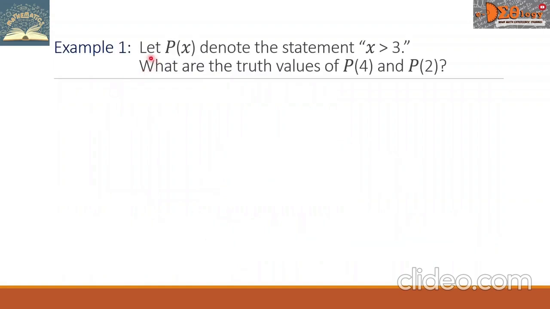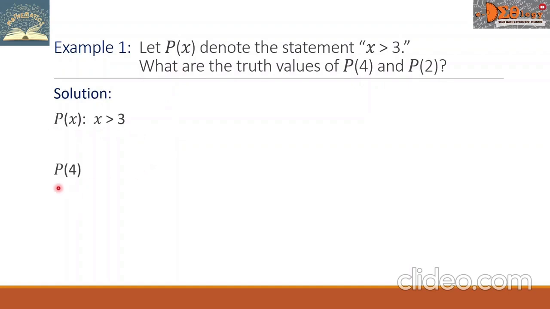Example 1. Let P of x denote the statement x is greater than 3. What are the truth values of P of 4 and P of 2? In this problem, we write P of x, colon, x is greater than 3.